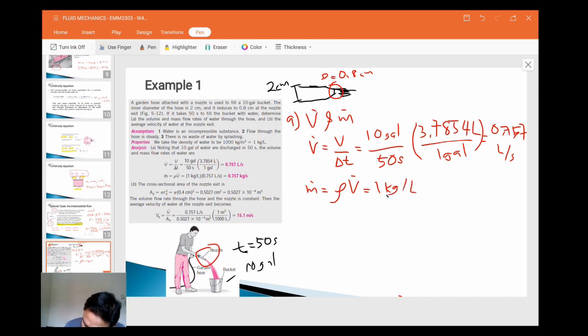So we need to multiply with the volume flow rate, 0.757 liter per second. So you will get the answer of 0.757 kg per second.